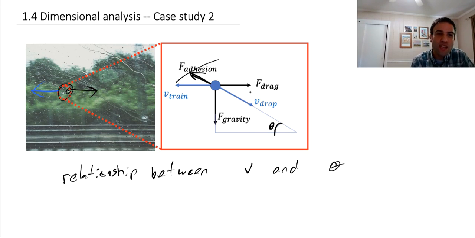And so then you can say, well, the direction of the velocity of the drop is just going to be set by the actual forces the drop is experiencing. And the only forces the drop is experiencing are the force of gravity and this drag force. The speed of the train matters, but as we'll discuss in just a second, it only matters in setting what this drag force is, like how big that force is.